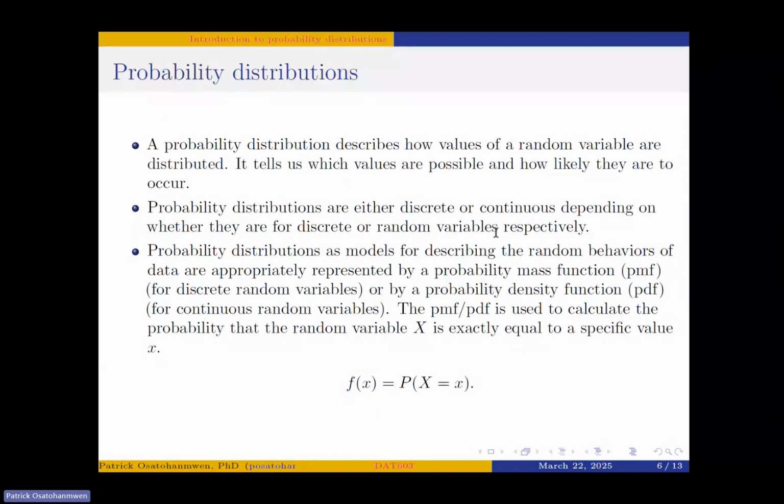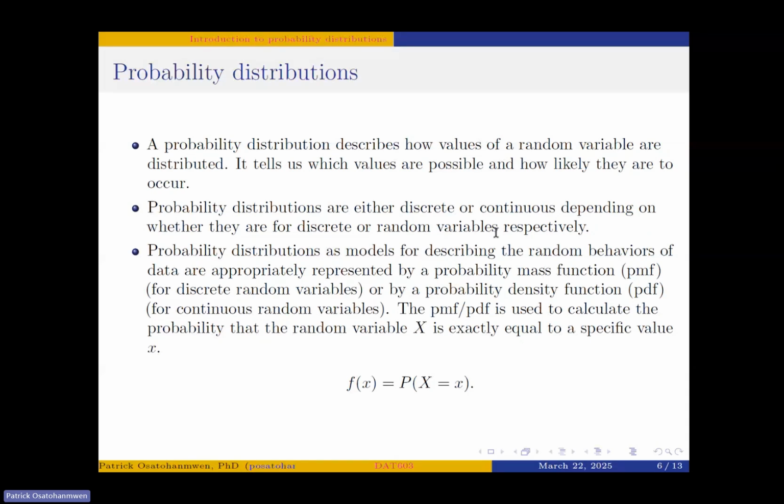In other words, the value minus 20 is not a possible value in the distribution, because age cannot be negative. So a probability distribution tells us these values, and as we proceed with the lecture, I'm going to give you more hints about this. So it tells us which values are possible and how likely they are to occur.